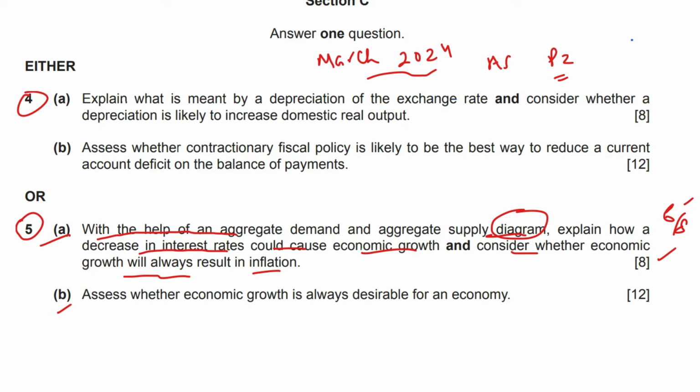First of all you have to identify the knowledge points, describe them, and then move on to the analysis part. Here we have economic growth and inflation as knowledge points, and interest rate is also an economic term. Economic growth refers to the rise in real GDP per capita over time, generally a period of 1 year.